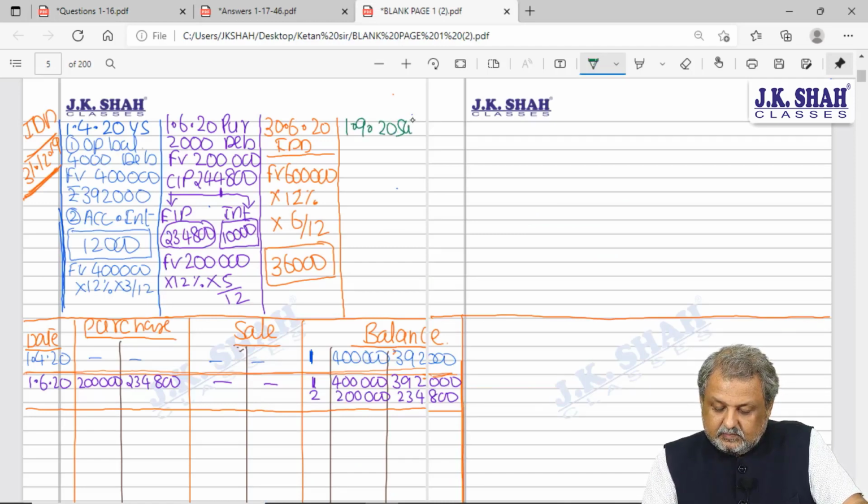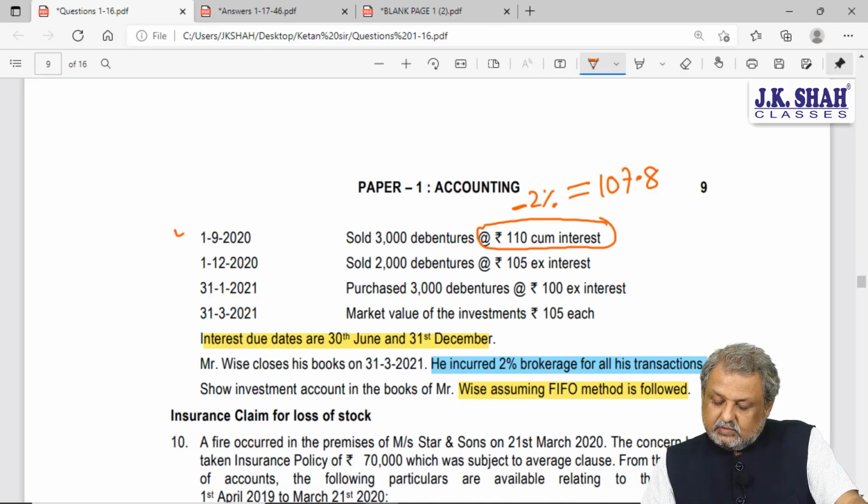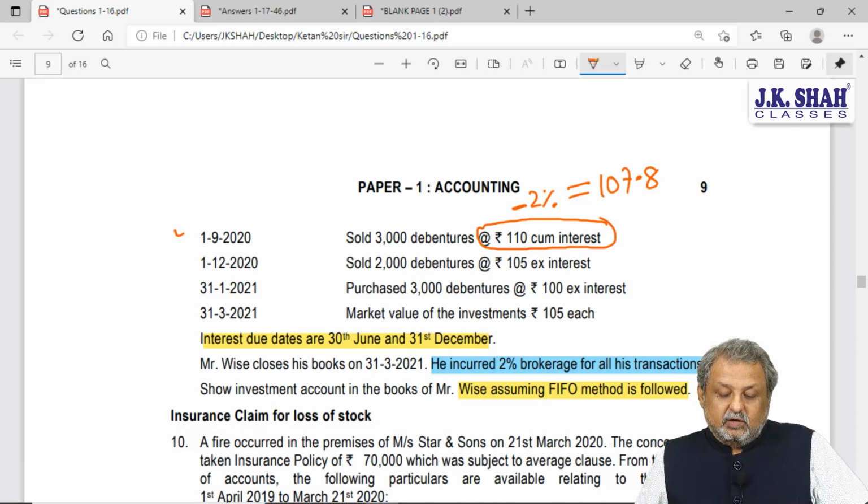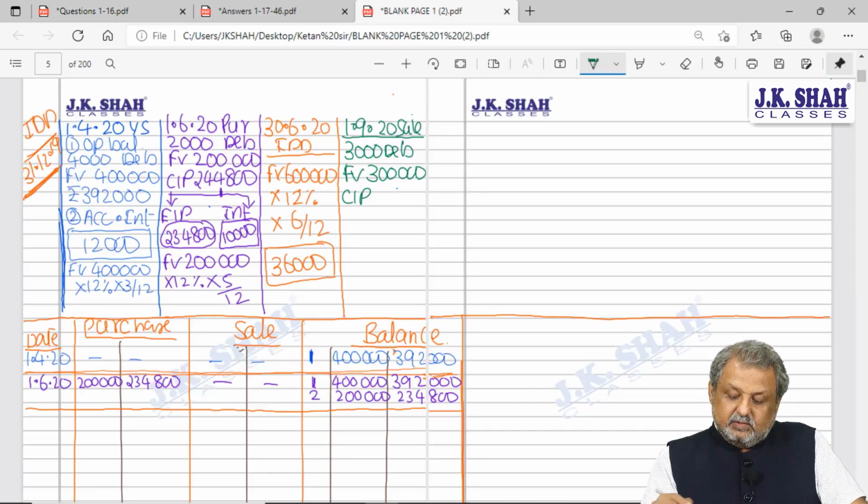Face value 3 lakhs. Cum interest price, tell me, 107.8 into 3,000, 3,23,400.